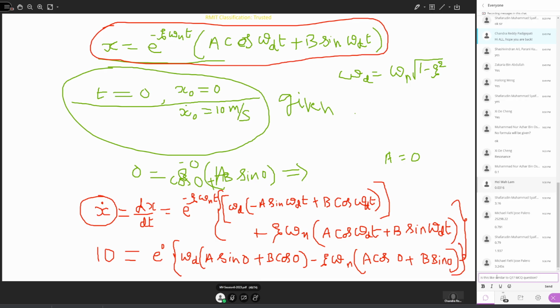So from this, sine 0 is 0. Of course, I didn't write the negative sign here, so add the negative sign here.